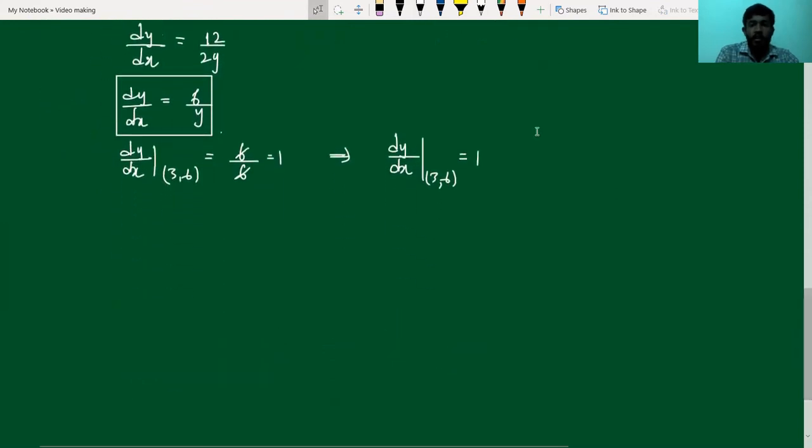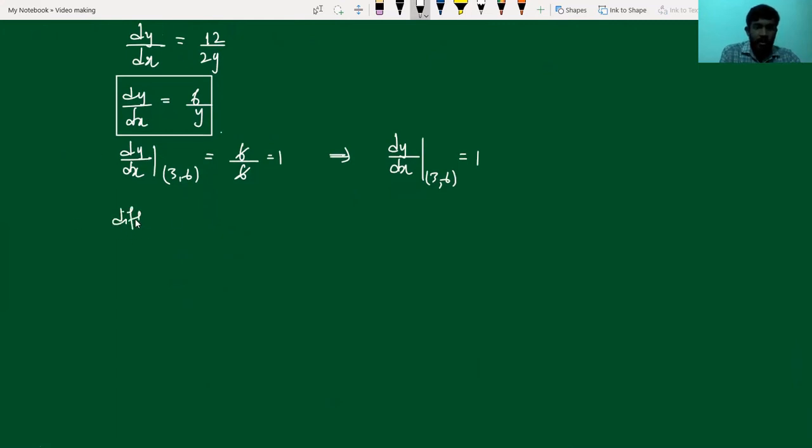So I'll name this as equation 1, and differentiate equation 1 with respect to x. We get d square y by dx square is equal to 6 is constant, 1 by y differentiation is minus 1 by y square into y differentiation with respect to x, which is y1.